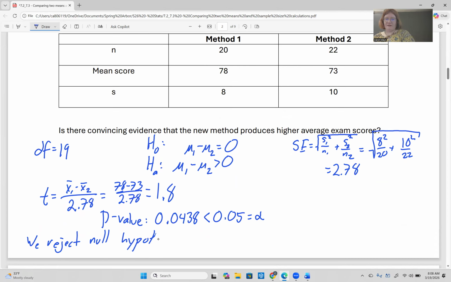Rejecting the null hypothesis means we conclude the alternative is true. The alternative, mu1 minus mu2 is bigger than 0. What is that telling us about the two methods? There is a difference in the two methods.